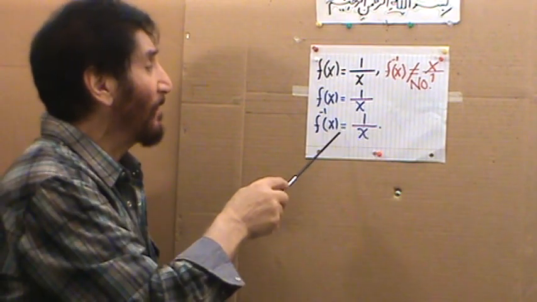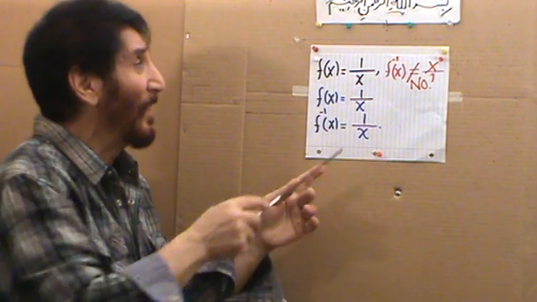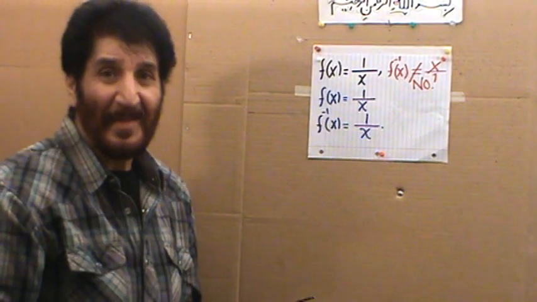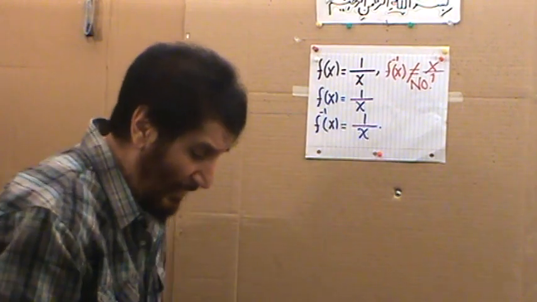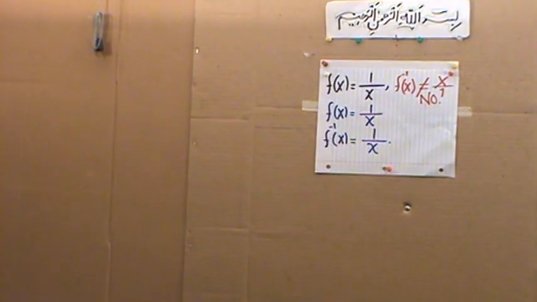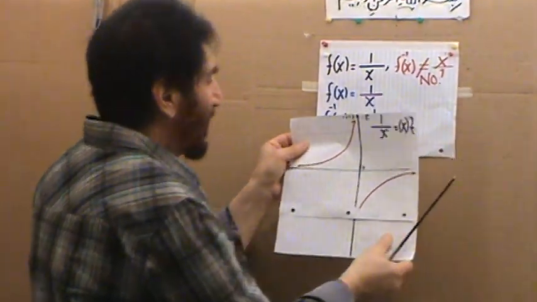Now, here, this negative 1 over x does not mean x over 1. This negative over that means the inverse of that. And to get the inverse of that, let me see if I have the graph of that and see what the inverse of that will look like.